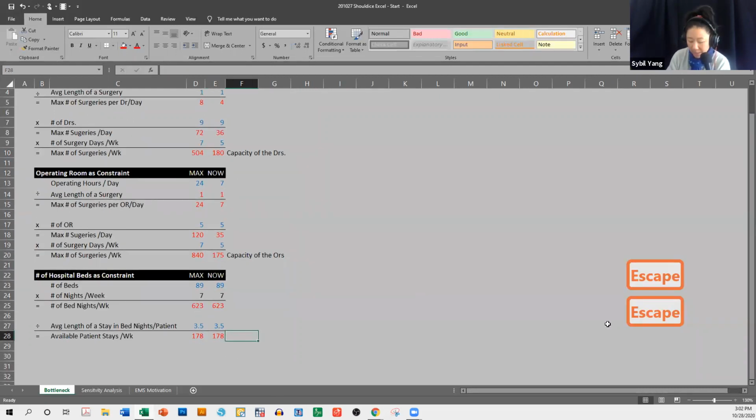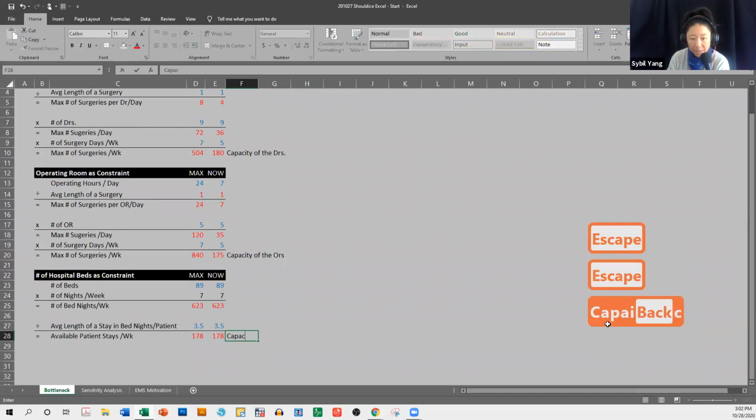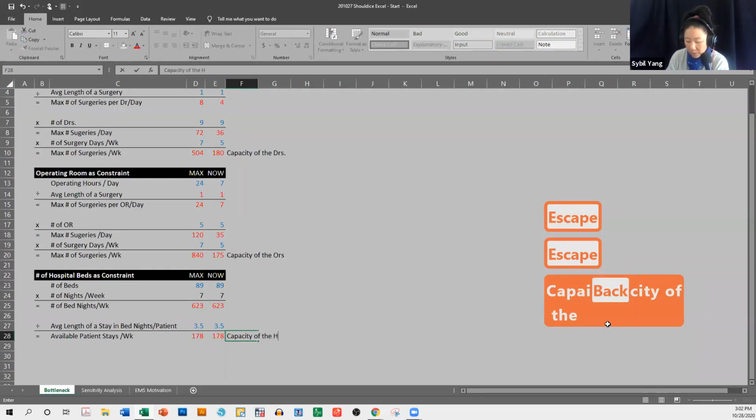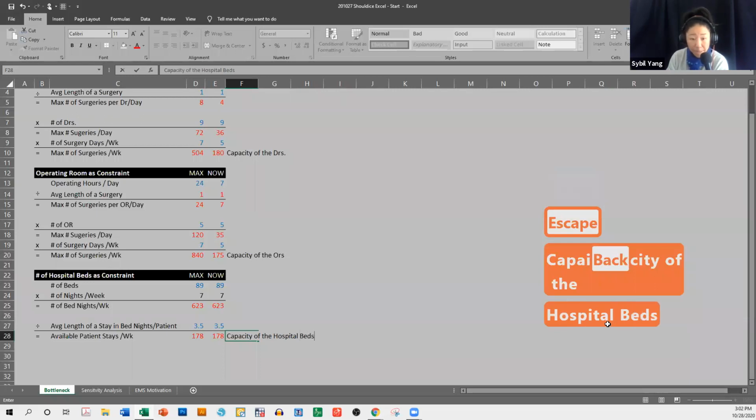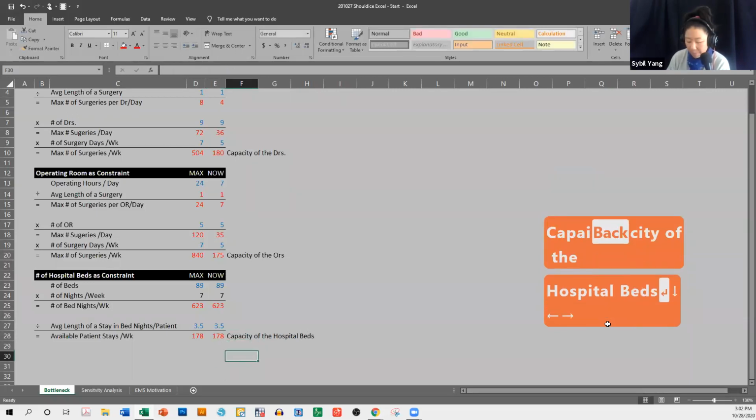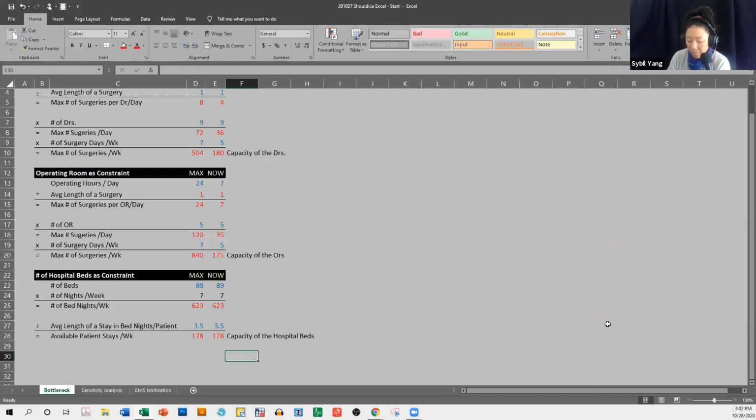So I'm going to say that this is the capacity of the hospital beds. And then I'm going to write here, bottleneck of Shouldice patient process, changing constraint to bottleneck.